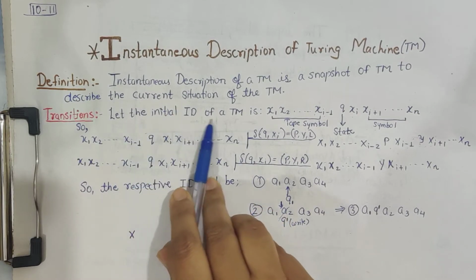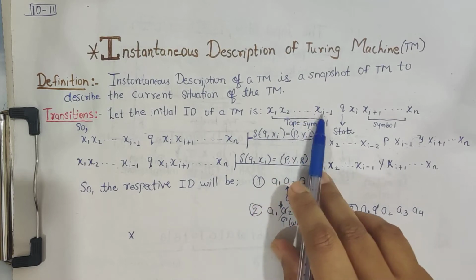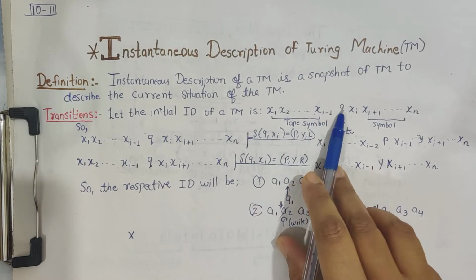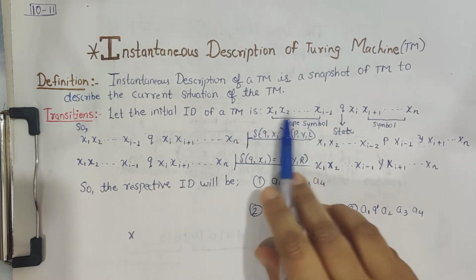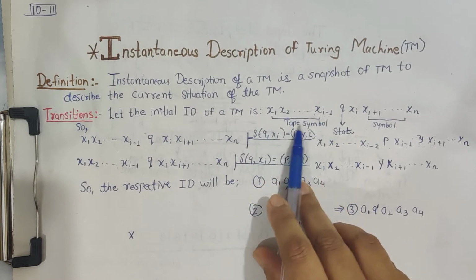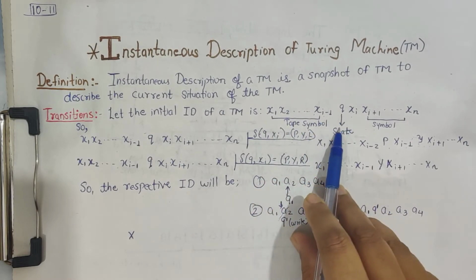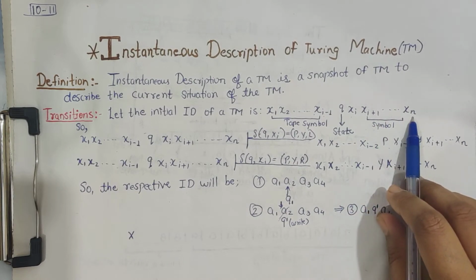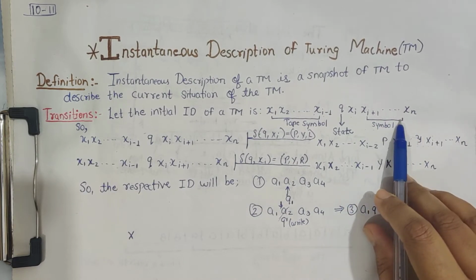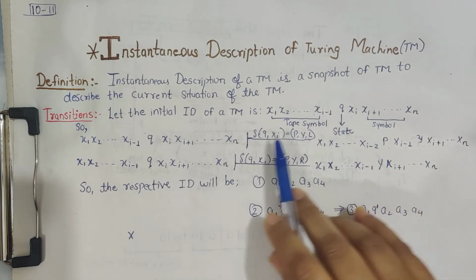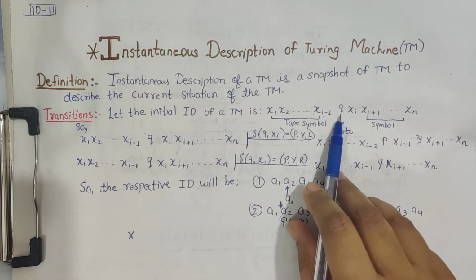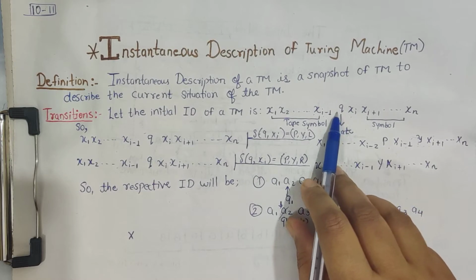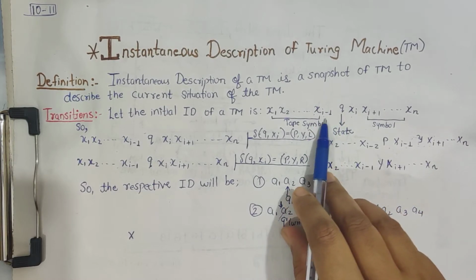Let the initial ID of Turing machine be x1 to xi minus 1, q, xi plus 1 up to xn. This x1 to xi minus 1 is the tape symbols, then q is the state, and xi plus 1 up to xn are also tape symbols. So it indicates that currently the read write head is under the cell containing the tape symbol xi.